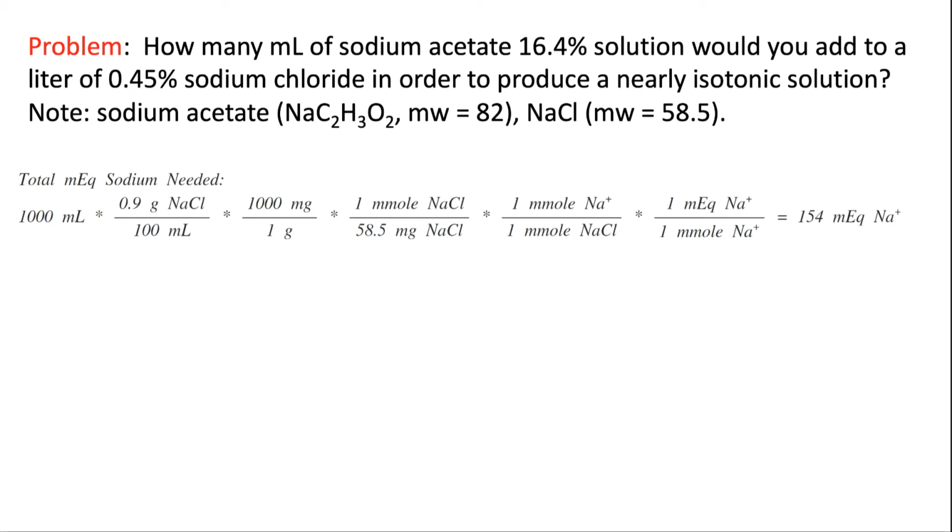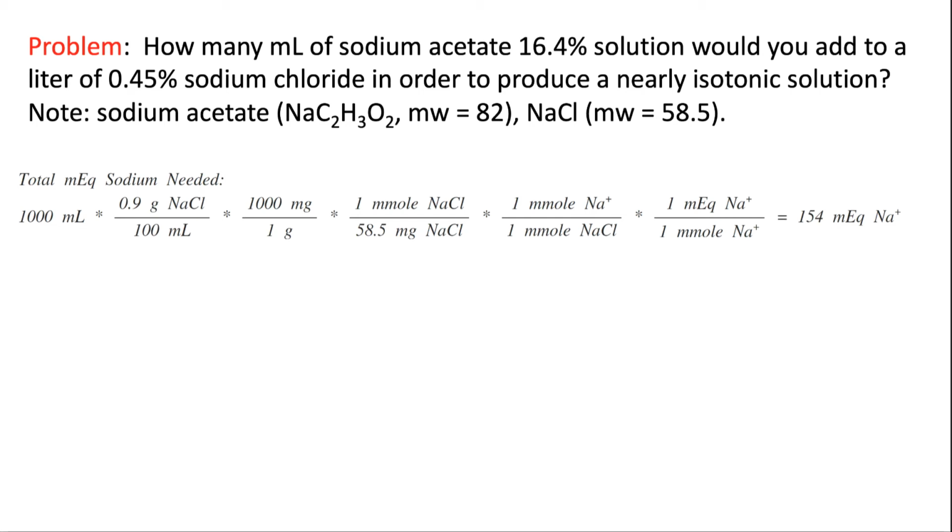Let's start with the volume we want to make isotonic, which is 1 liter or 1,000 milliliters. Let's take that and multiply it by the concentration of sodium chloride we know to be isotonic. All right. So we know 0.9%, which means 0.9 grams of sodium chloride for every 100 mils is isotonic.